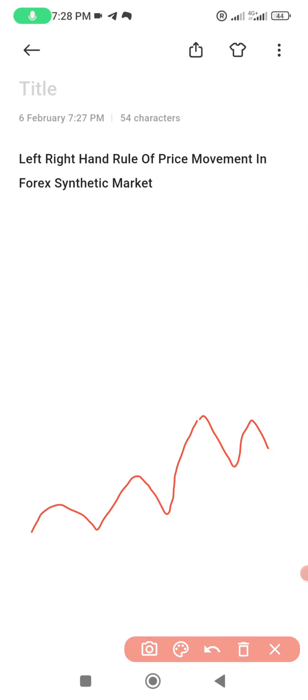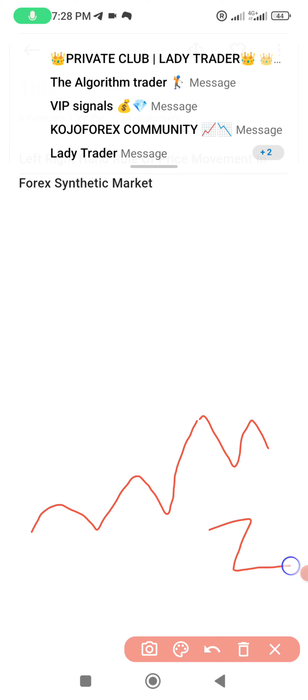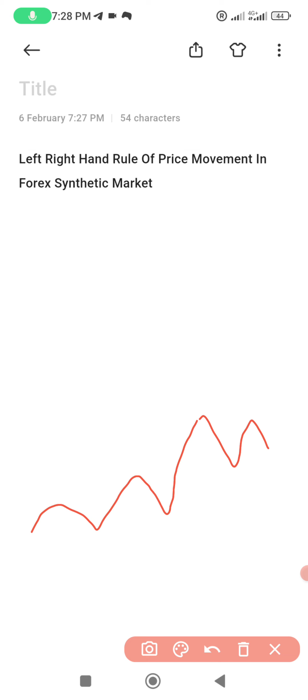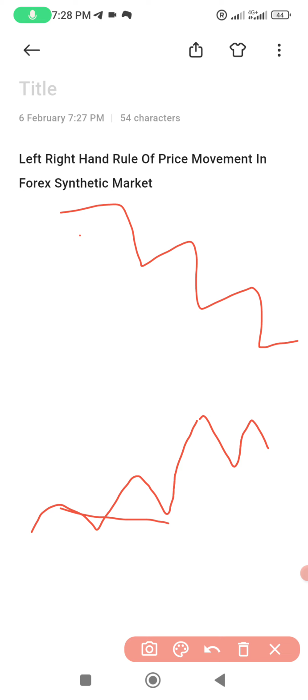Market can as well do something like this, from the left into the future.